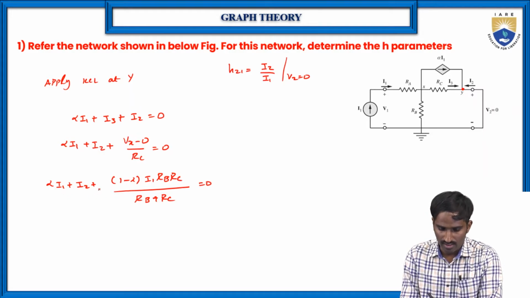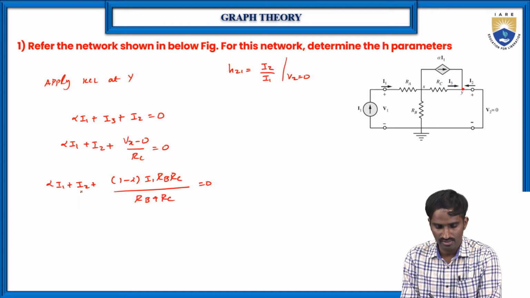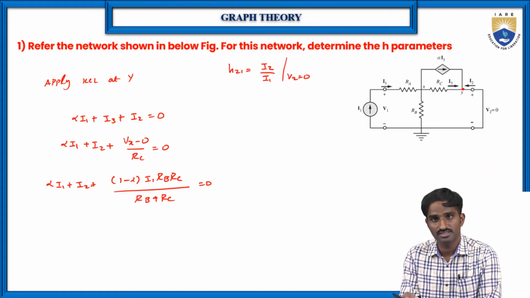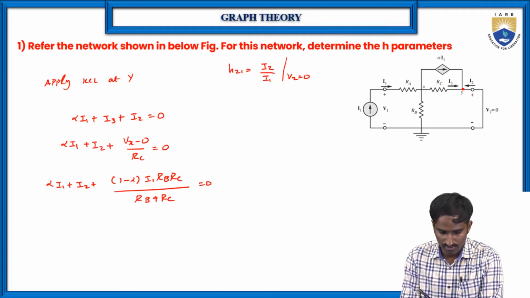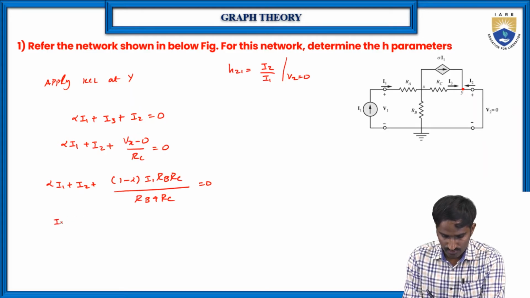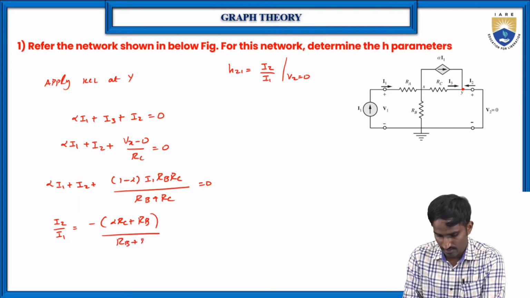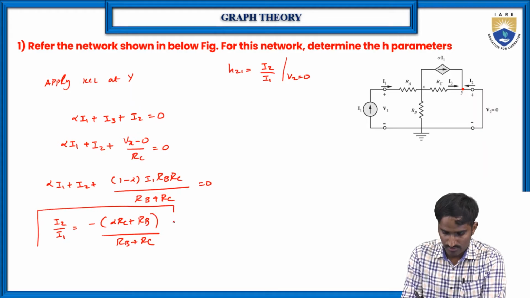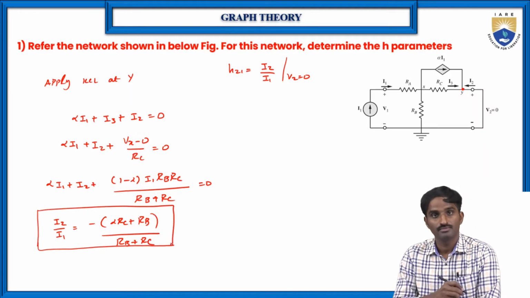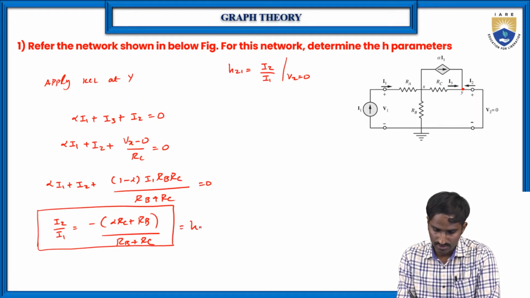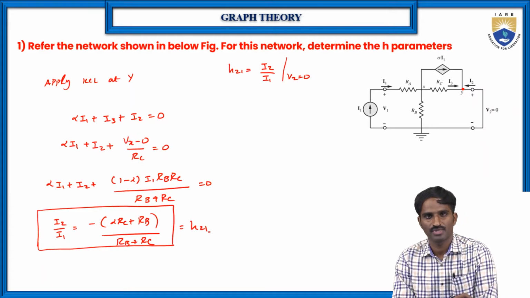So if you take I1 as common and send I2 to the right hand side, you can find finally I2 by I1, which is equal to minus alpha into RC plus RB by RB plus RC. So this is how you can find the value of H21, right?